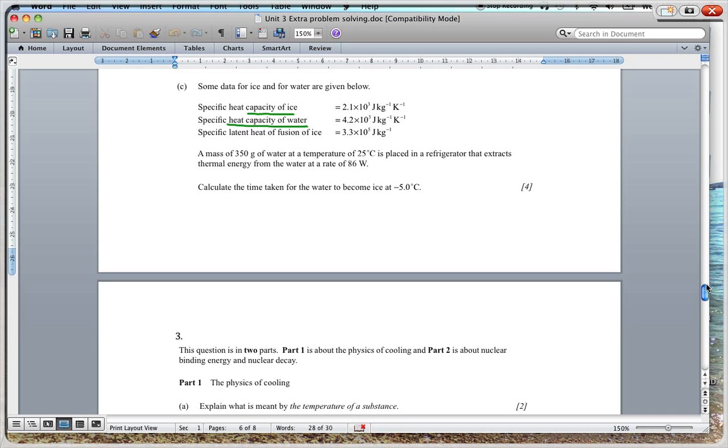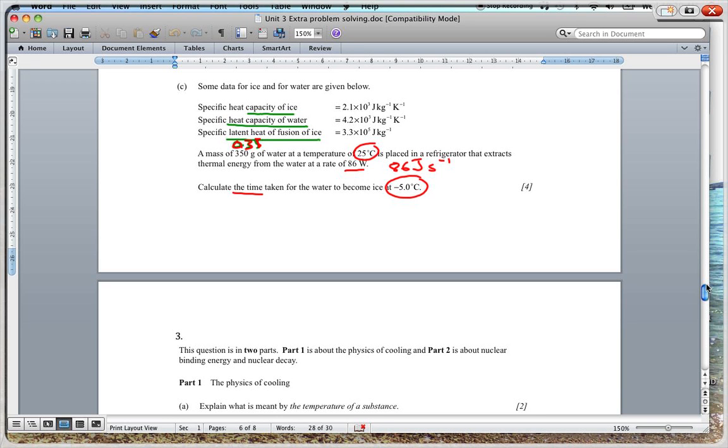We also have the specific heat capacity of water and the latent heat of fusion of ice, so we get given those three. We have 350 grams. Now remember, you're going to need to put that into kilograms, 0.35 kilograms, at 25 degrees Celsius, placed in a refrigerator that extracts thermal energy at a rate of 86 watts, or 86 joules per second. Calculate the time required for the water to become -5 degrees.